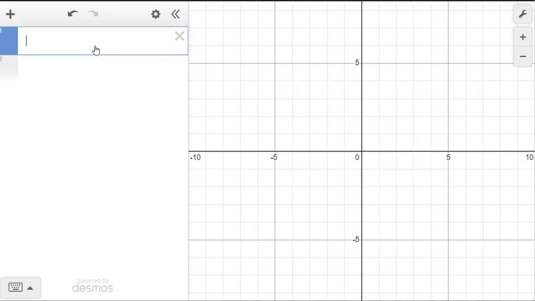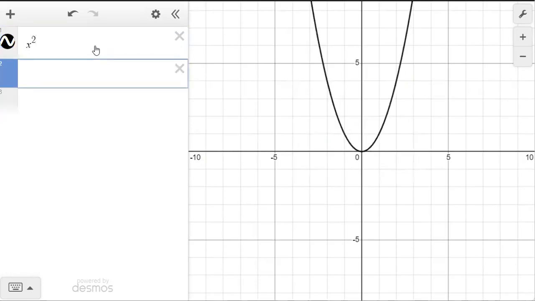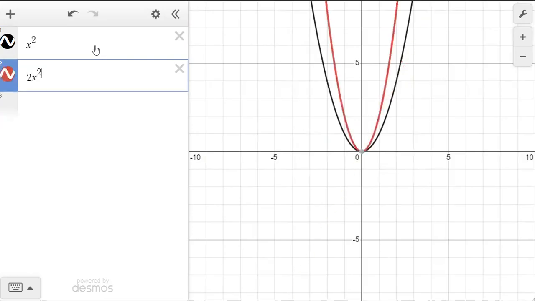So we'll take one example which can be understood in a better way. Like if it is the x square graph, x square, and then 2 times x square. See, the graph is getting stretched or expanded along the y-axis.